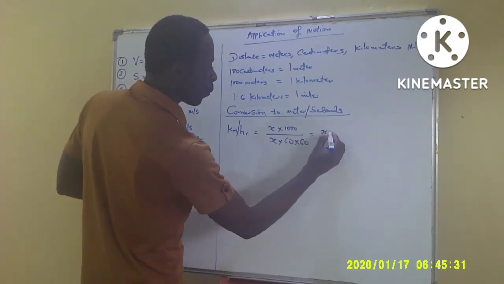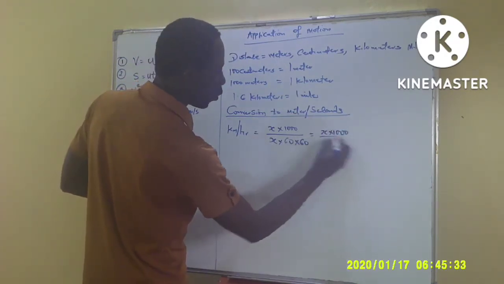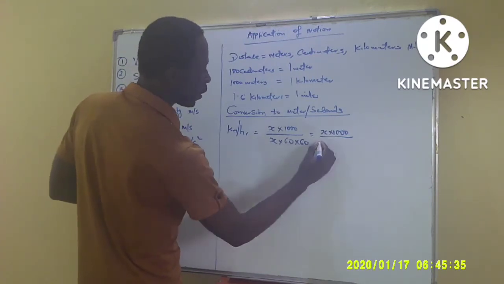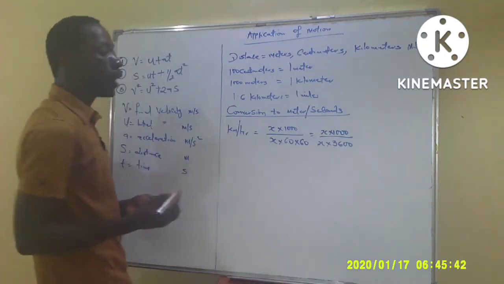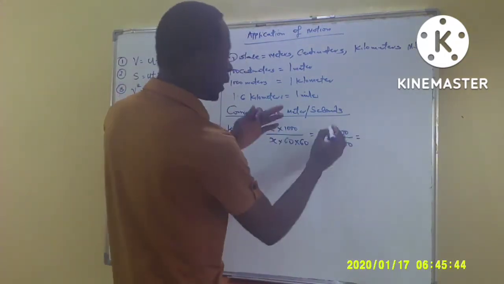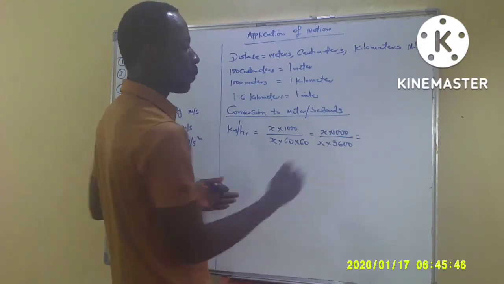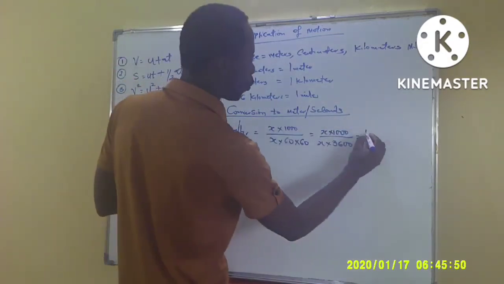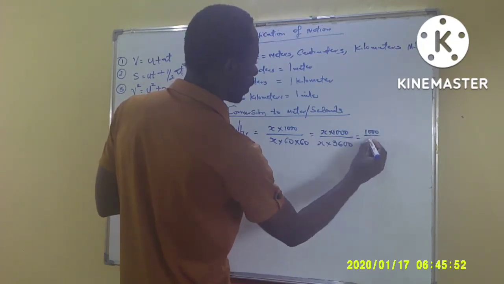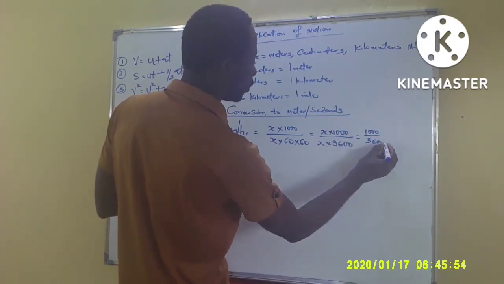x times 1000 all over x times 6 times 6, which gives us 3600. So let's take away the x. Converting kilometer per hour to meter per second is equal to 1000 over 3600.